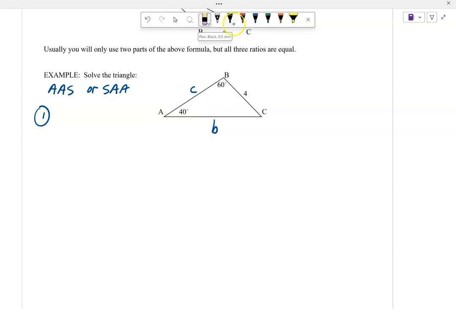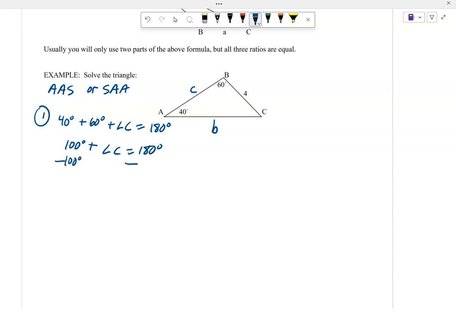Now 40 degrees, angle A plus angle B plus angle C. We know all the interior angles of a triangle add up to 180 degrees, right? So we got 100 degrees plus angle C is 180. Let's solve for angle C.